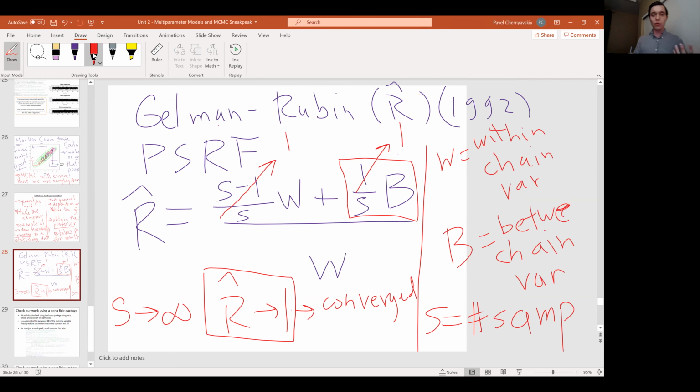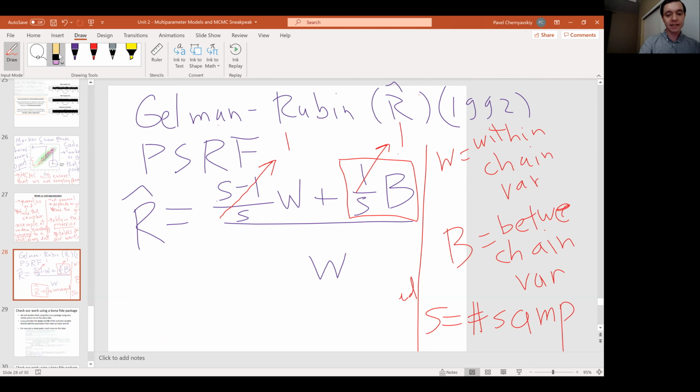But this is where mathematics meets reality, and we will never in our lifetimes observe the case where the number of samples goes to infinity. The other case that happens a lot more frequently, because we can't possibly take an infinite number of samples, is if the between chain variance goes to 0. B is between chain variance.